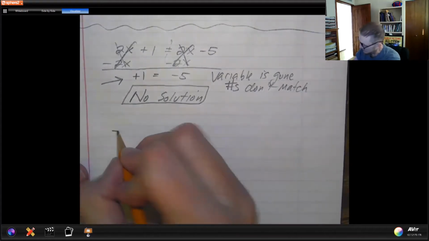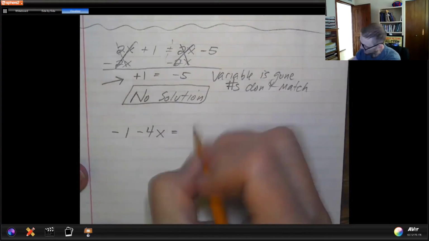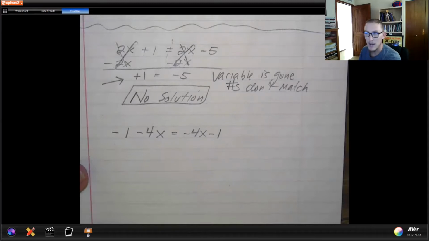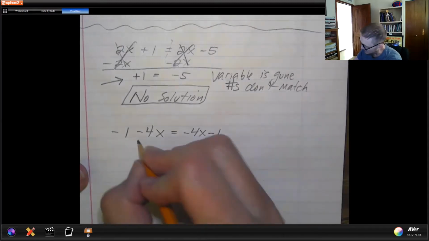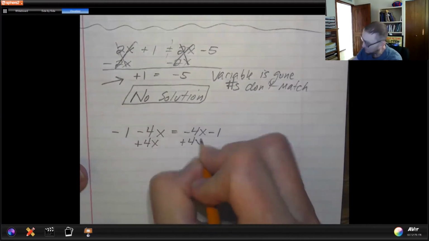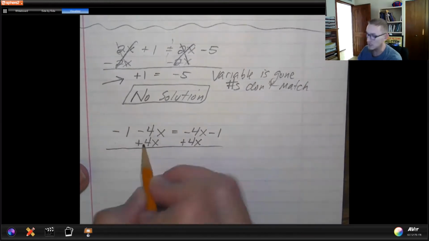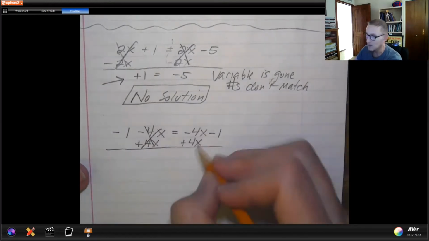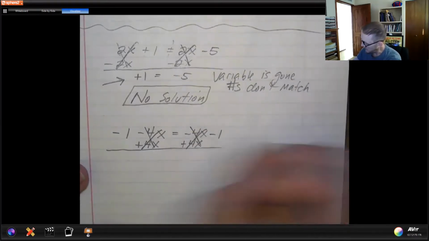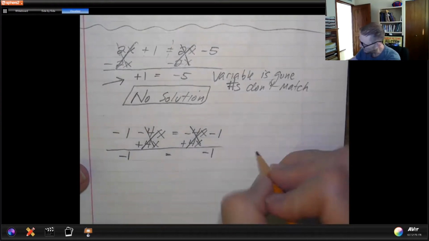Now we have the other scenario. What if I have this? -1 minus 4x equals -4x minus 1. Again, I'm going to move the variables to one side, so I'm going to undo the minus 4x with a plus 4x. And just like the example up above, minus 4x and plus 4x cancel out. And I'm left with -1 equals -1.